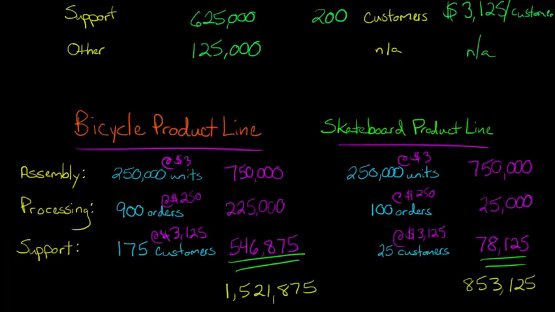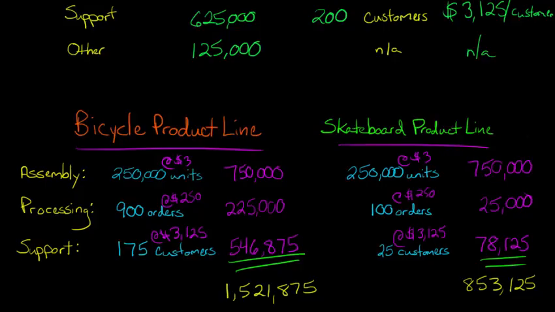Now, if you notice, the bicycle product line has a lot more customers, 175 instead of 25 for the skateboards, and it also has a lot more orders, 900 orders instead of 100. So we have basically 25 skate shops that are just ordering a few times a year, but basically in the bicycle division, we've got a ton of customers, and they're ordering quite frequently.